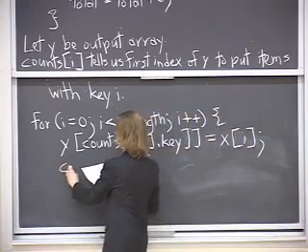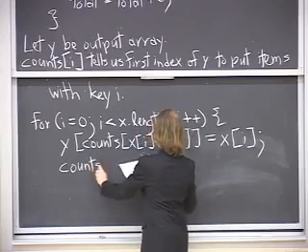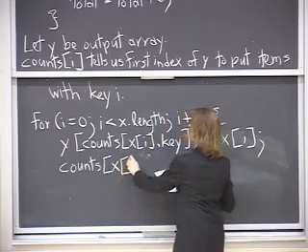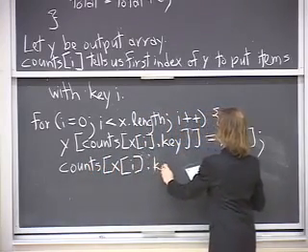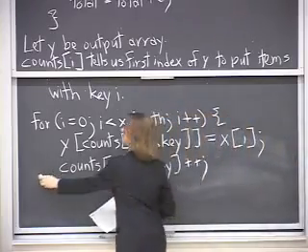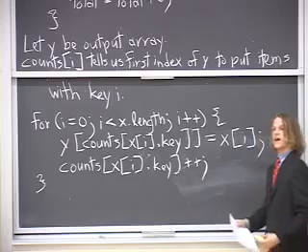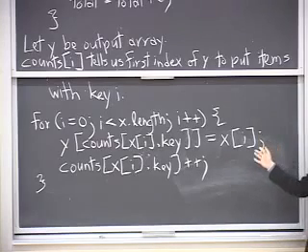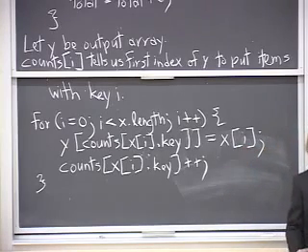And then we increment the count so that next time we hit another item with the same key, it'll go into a different slot in the output array. And that's that. Very short, sweet code, although not so intuitive.